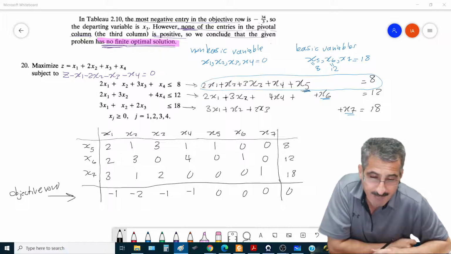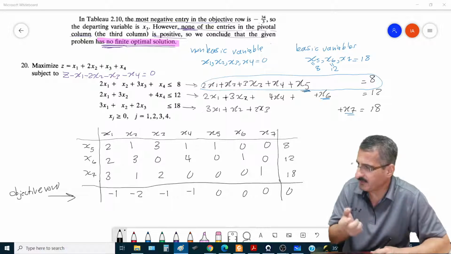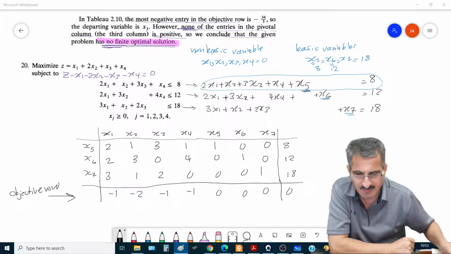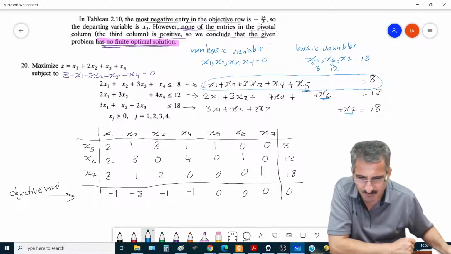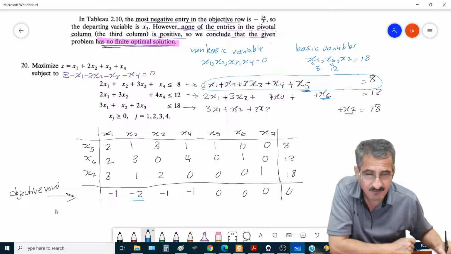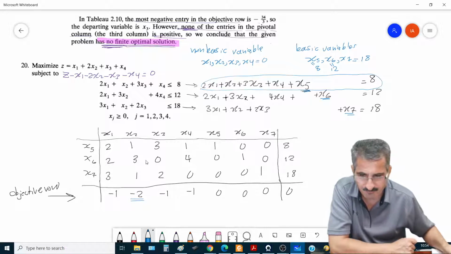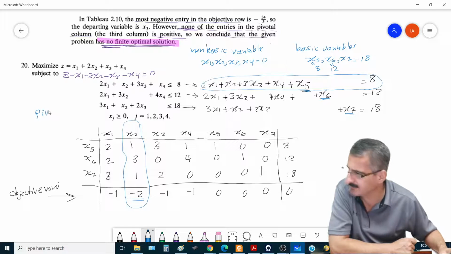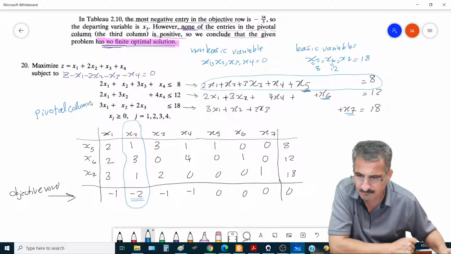We need to find the pivotal column, the pivotal row, and the pivot. Again, we go to the smallest negative value in the objective row, and we take that column. This is now the pivotal column.